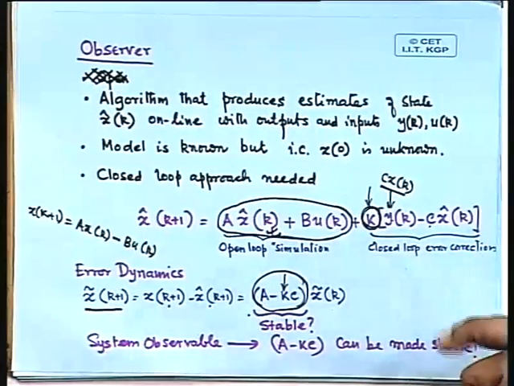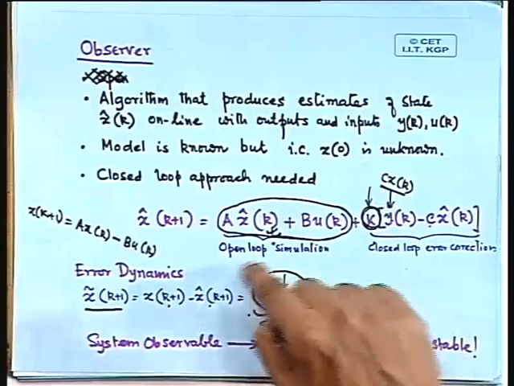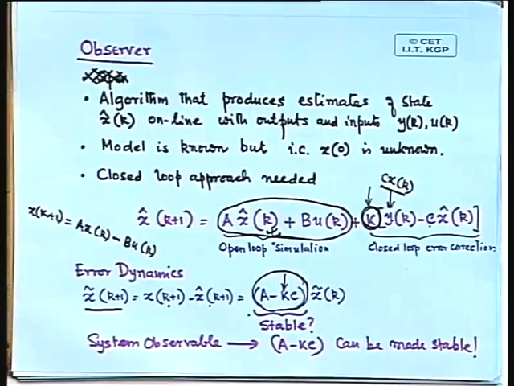And so the whole problem of choosing k is such that you choose k such that this has eigenvalues inside the unit circle, and you can theoretically prove that if the system is observable, then you can choose k always to make this have its eigenvalues, that is arbitrary pole placement is possible. That is the good result.